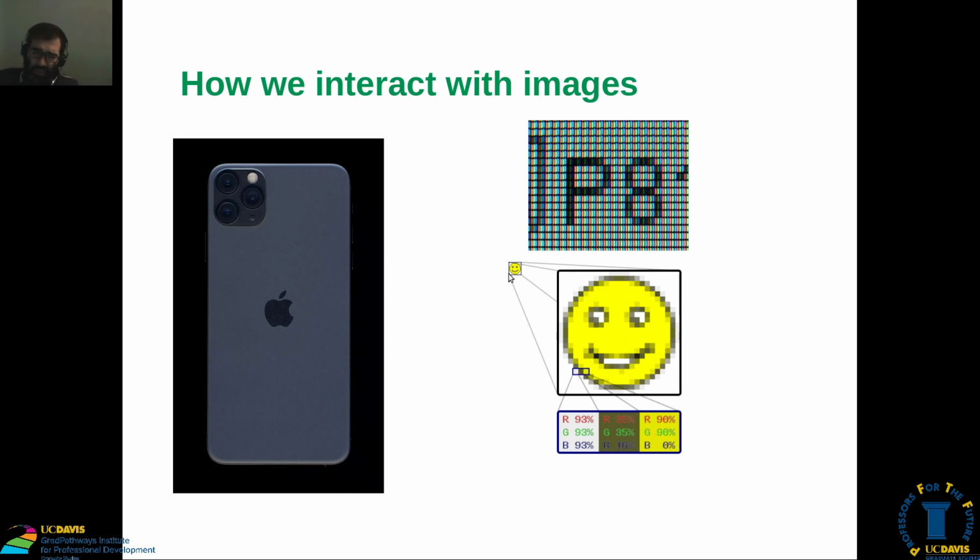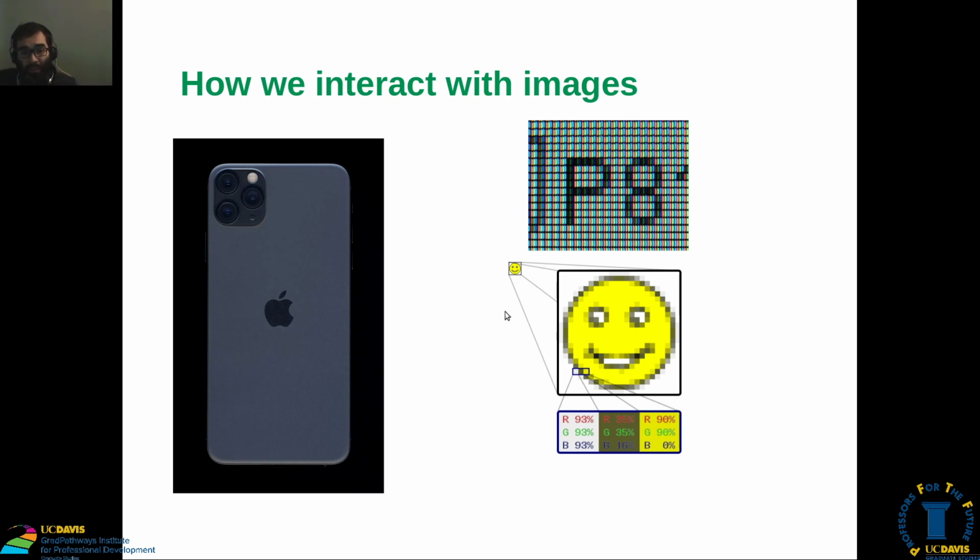So if we think of our color wheel back when we were in grade school, this is what this is doing. Red overlaid with green overlaid with blue at this percentage gives us this shade of grayish white, whereas yellow is red and green overlaid at 90%, that type of yellow that we see here. And so this is how we interact with images, but this is a little bit about how they were created.